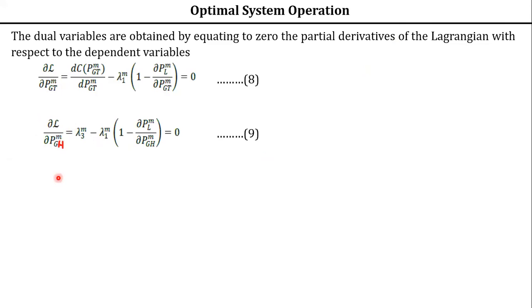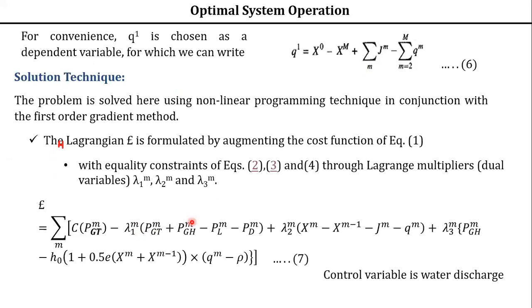So you are taking the partial derivative with respect to PGH. When you go back and check your equation where exactly PGH is available, you see PGH is available here. PD is constant, and PGT we are not differentiating, since we take the partial derivative only with respect to PGH. So this will not come.